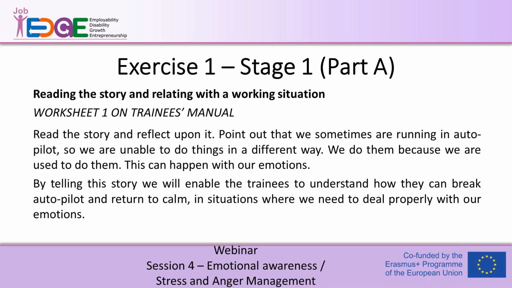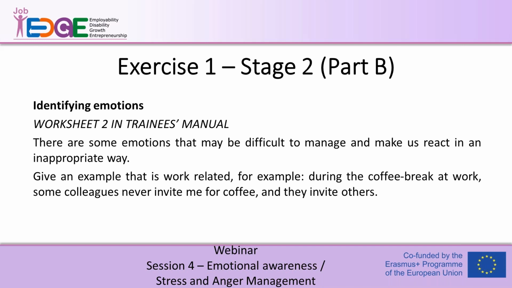This can happen with our emotions. By telling this story, the instructors will enable the trainees to understand how they can break the automatic pilot and return to calm in situations where we need to deal properly with our emotions.